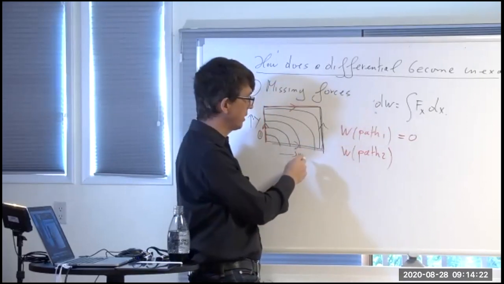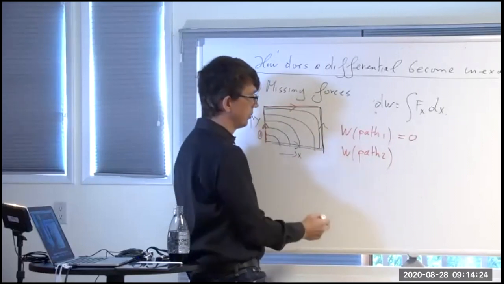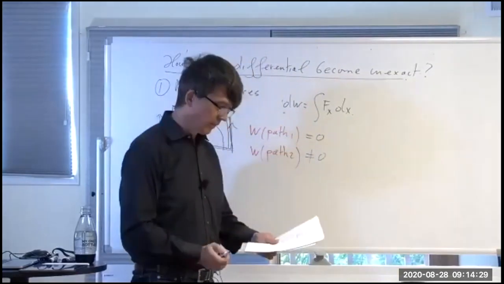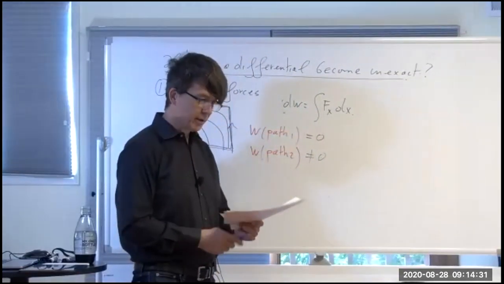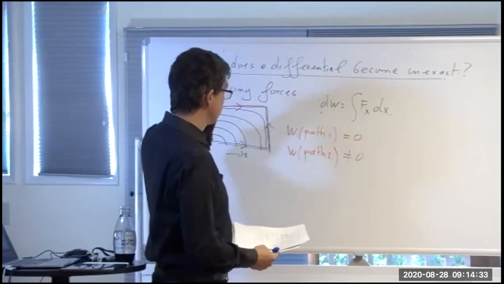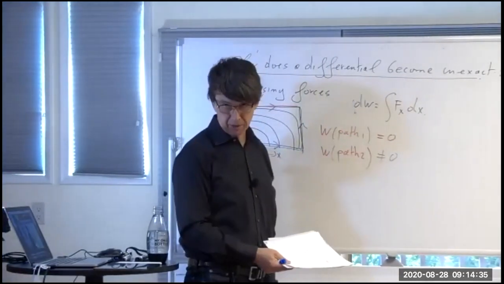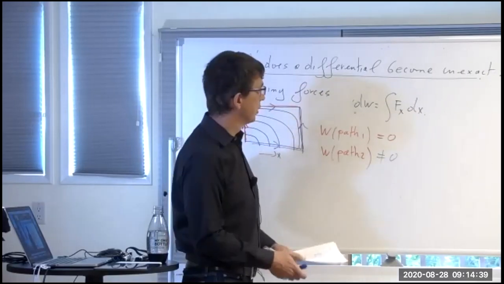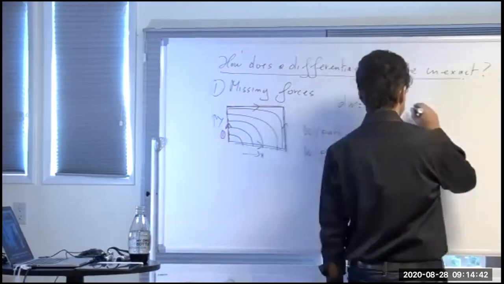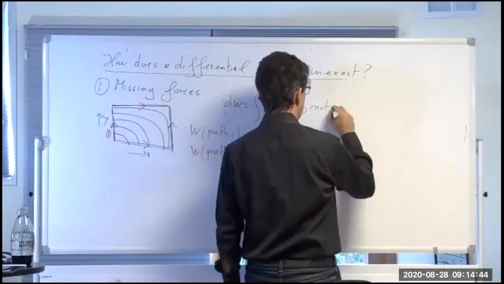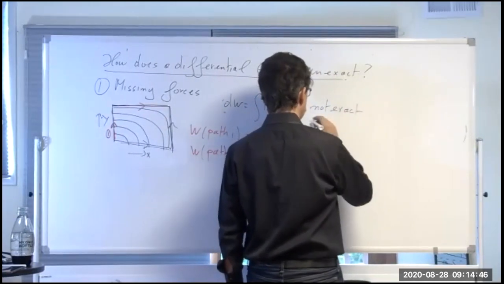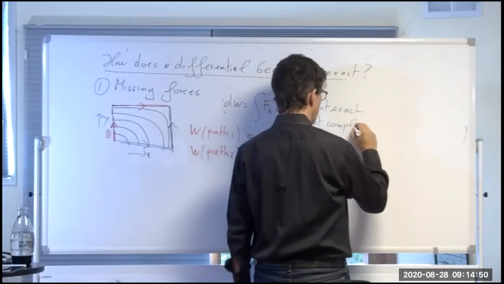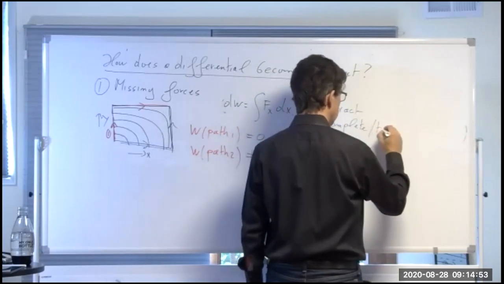So here I definitely have work, but here I don't have work. So along this path, the work is not 0. So by forgetting part of the forces, by doing bad physics, my differential became not exact, right? So this differential is not exact. And it's also sometimes more simply stated as not complete or not total. Those are basically the same statements.